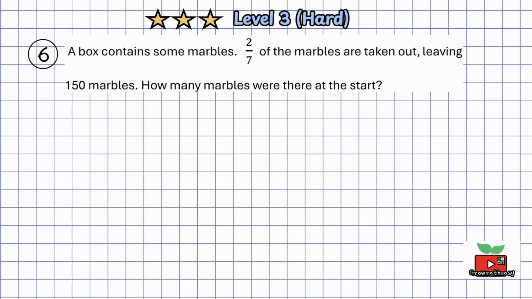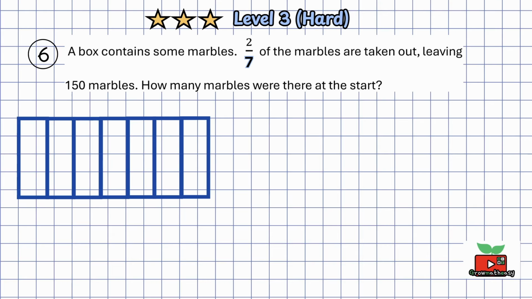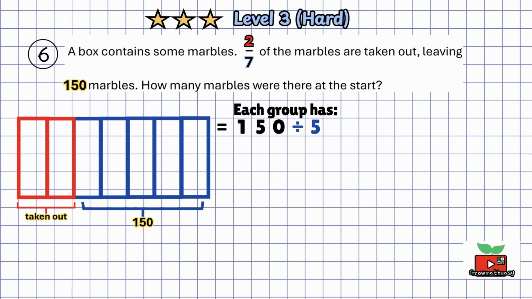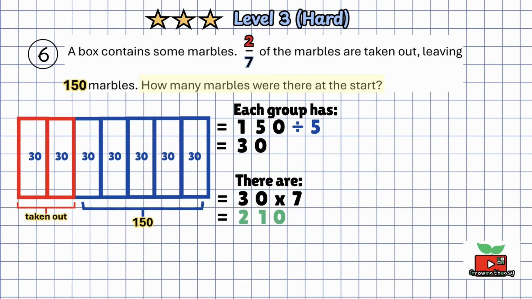Alright, let's look at the denominator, 7. That tells us the total marbles are divided into 7 equal groups, and 2 out of the 7 groups are taken out. The remaining 5 groups add up to 150, so each group has 150 divided by 5, that's 30. Now, there are 7 groups in total, so we multiply 30 by 7 equals 210.